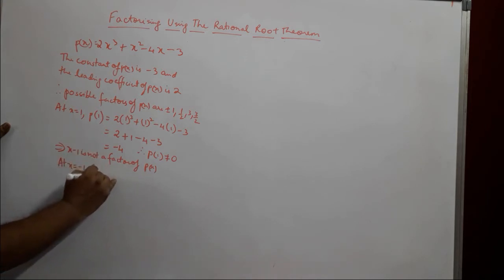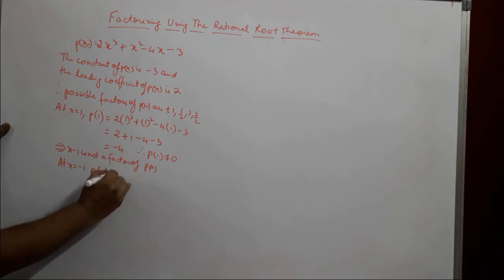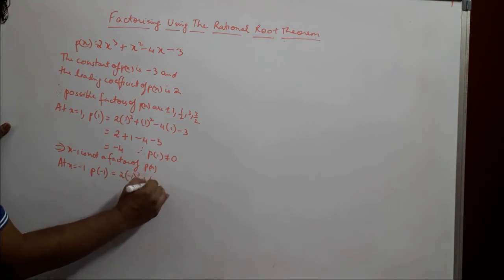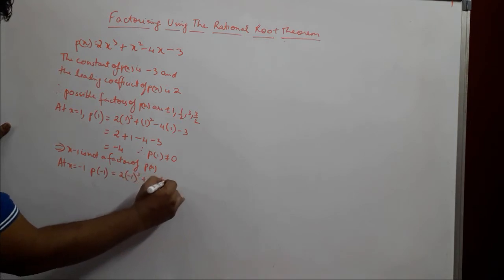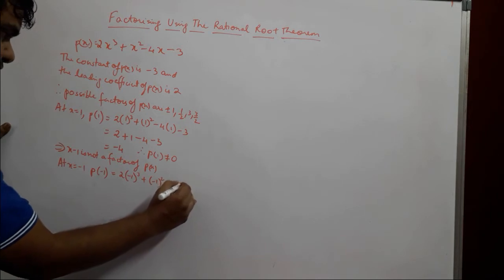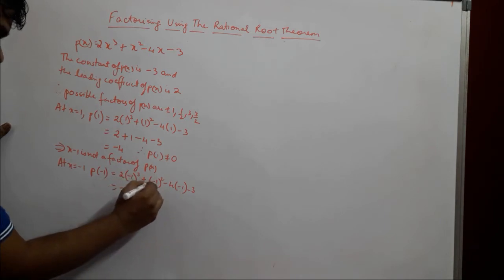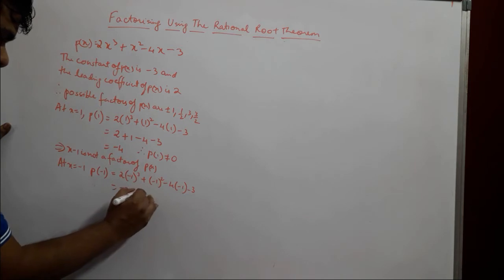Next we'll check at x equal to minus 1. So p of minus 1 is equal to 2 into minus 1 whole cube plus minus 1 whole square minus 4 into minus 1 minus 3. Minus 1 whole cube gives us minus 1, minus 1 into plus 2 gives us minus 2. Minus 1 whole square gives us plus 1.